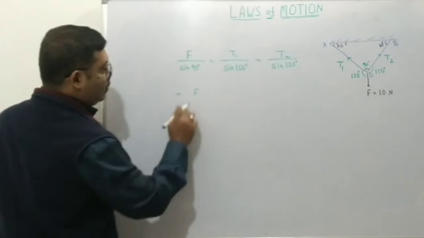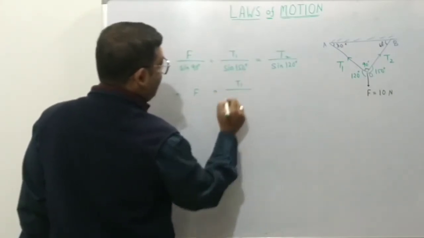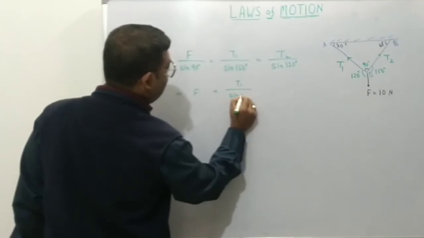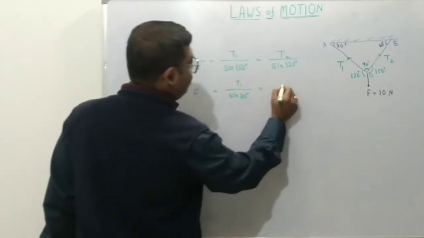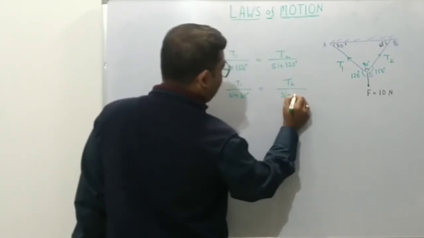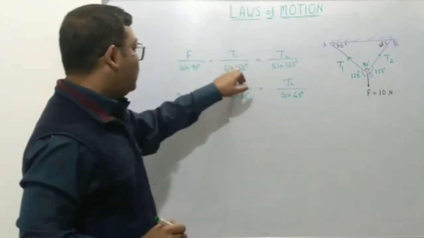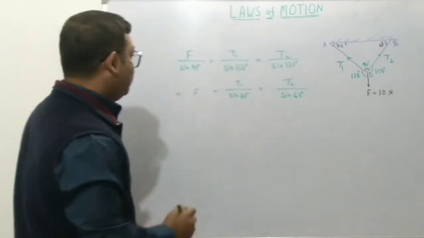Sine 90 degrees is 1, so F must be equal to T1 by sine 30 degrees, which is equal to T2 by sine 60 degrees, since sine 150 is sine 30 and sine 120 is sine 60.